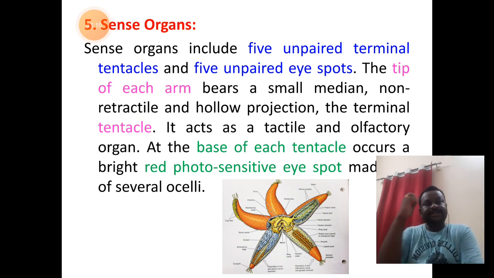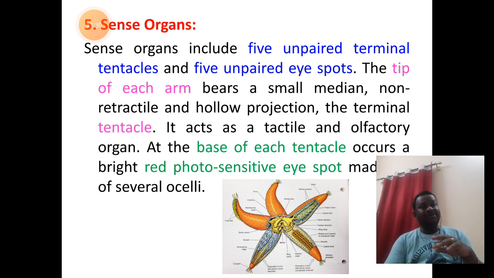The next important parts that are related to the oral surface are the sense organs. Students, remember, starfishes do not have a well-developed nervous system within, but they have sensory organs confined to certain parts of the body.